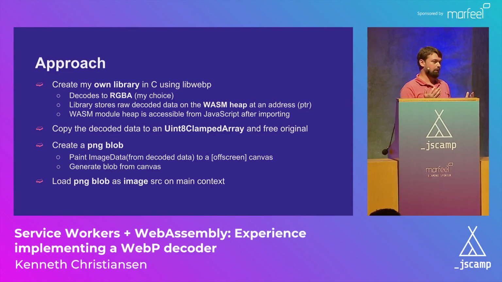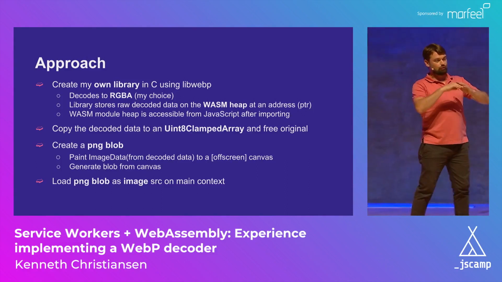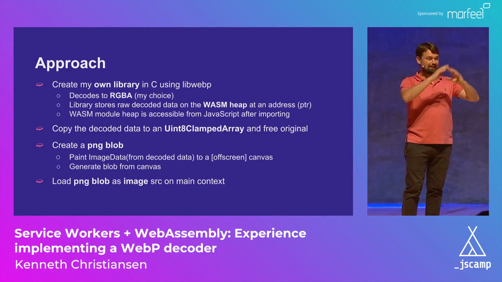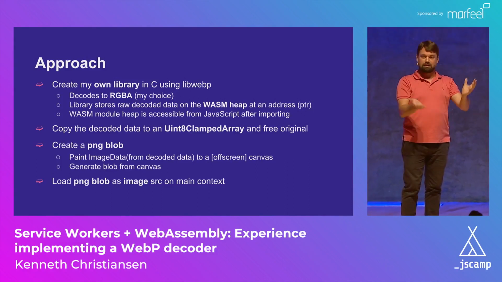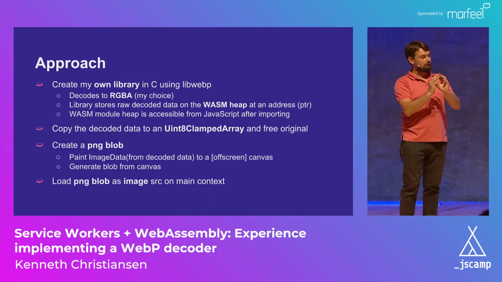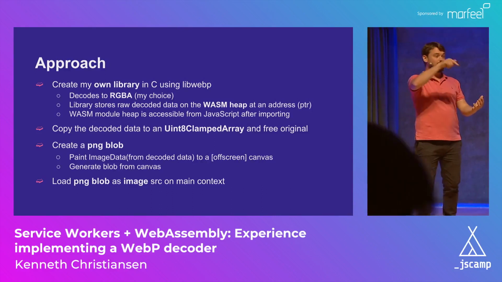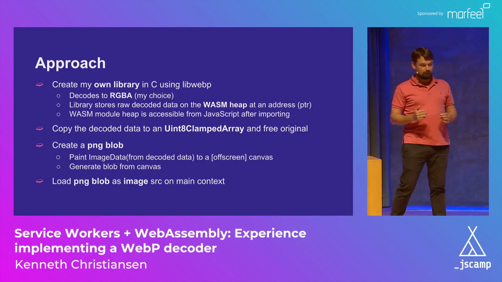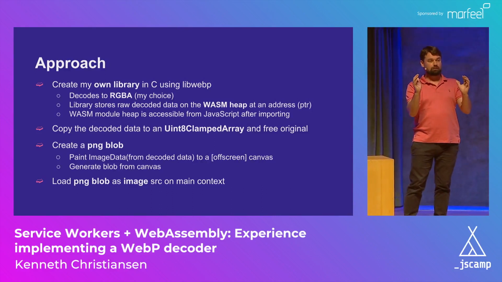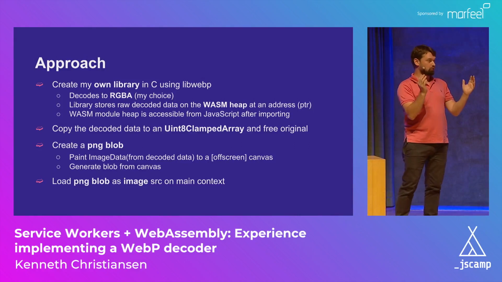The way it works with WebAssembly is if you import a WebAssembly module, it also generates a buffer, like a heap, where it stores all its data. This is where a C or C++ application can allocate and deallocate memory. So when I'm using the function, it's going to write the result into that buffer. Then I'm going to take this result and copy it into a JavaScript object, so it's controlled by the garbage collector.